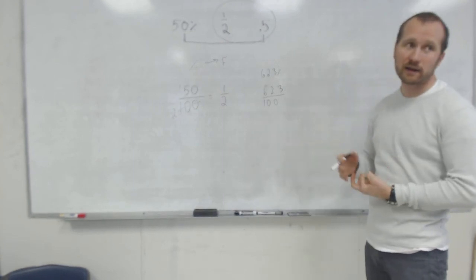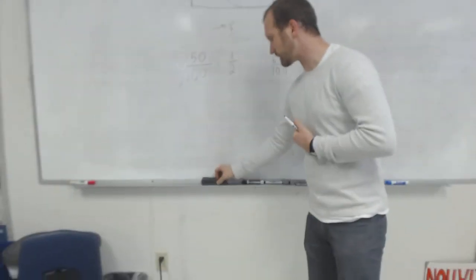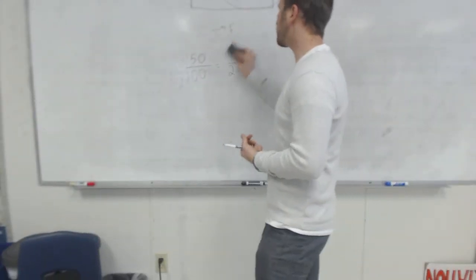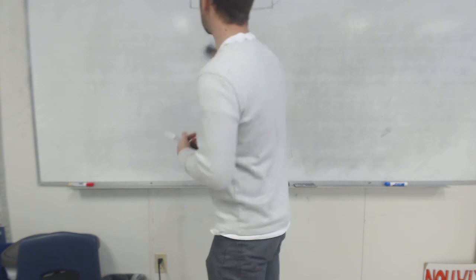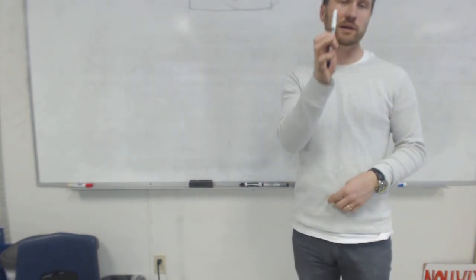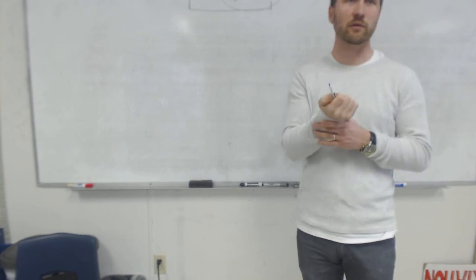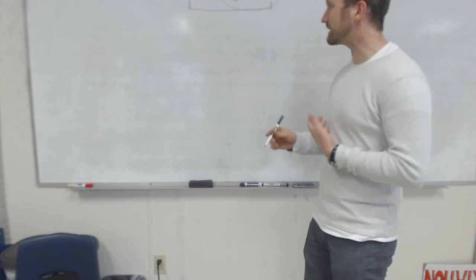You could then divide it to make it into a decimal. But I think it's easier personally to first convert the percent to a decimal, because you can always convert a decimal into a fraction. And it's actually pretty easy.